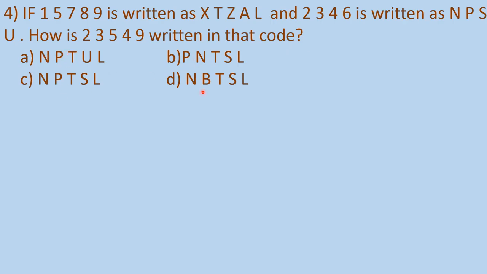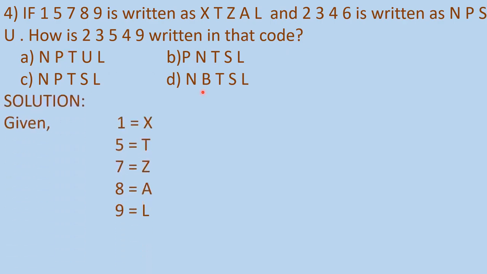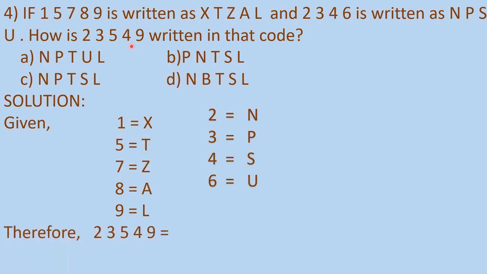So first of all we will see what is given to us. It is given 1 X, 5 T, 7 Z, 8 A, 9 L. And here 2346: 2 is coded as N, 3 P, 4 S, 6 U. Now we have to encode 23549.